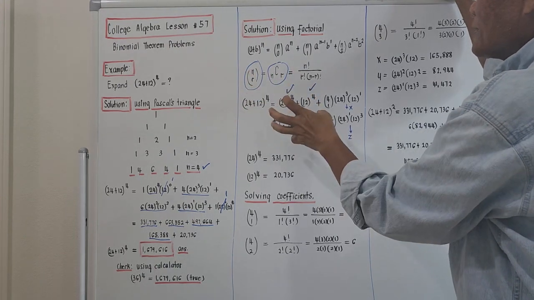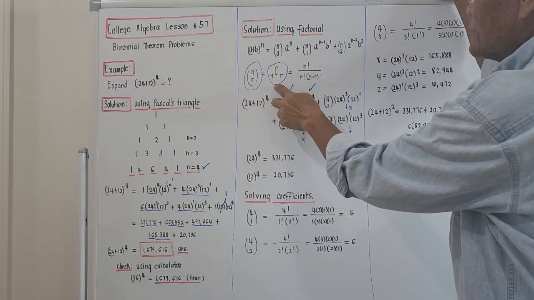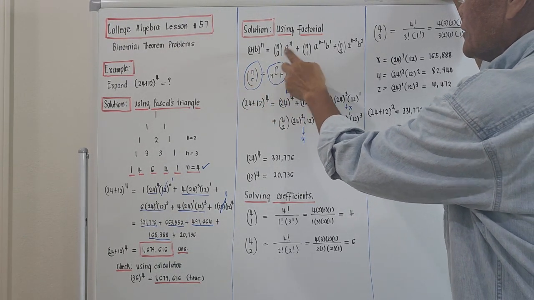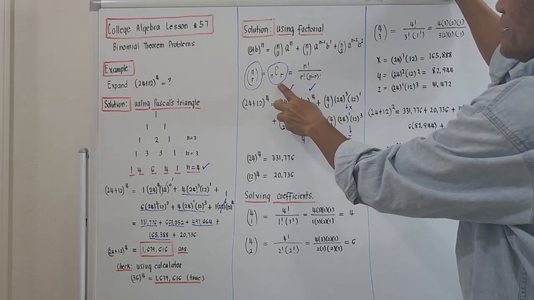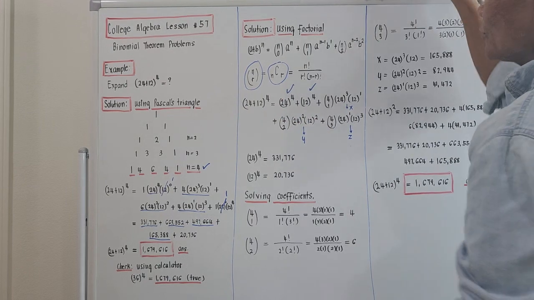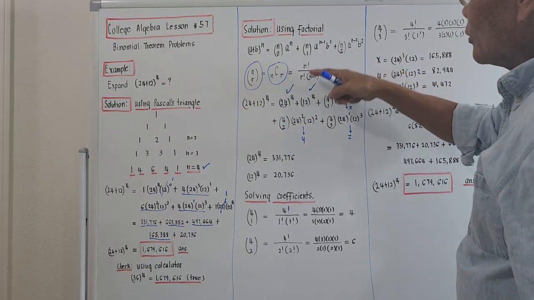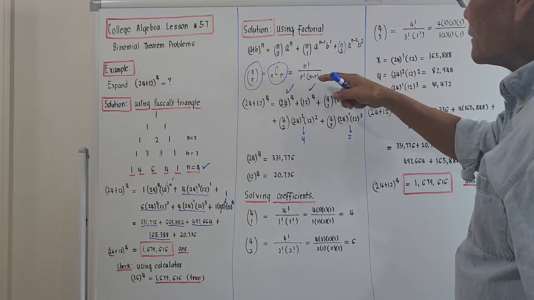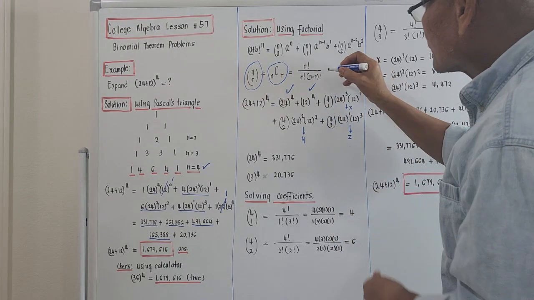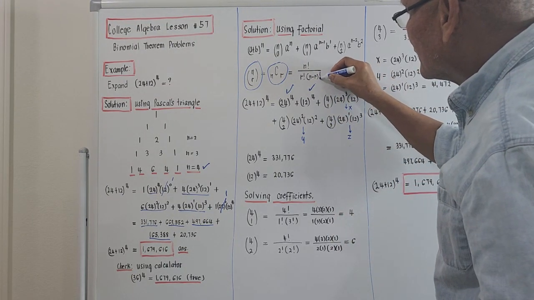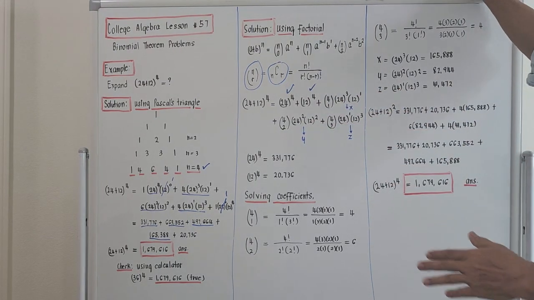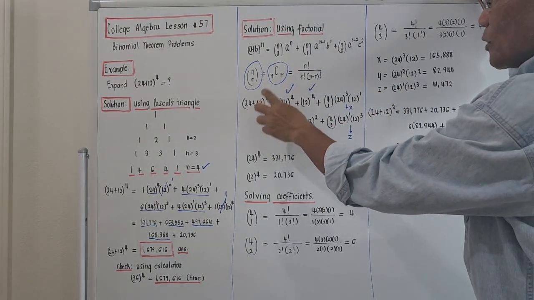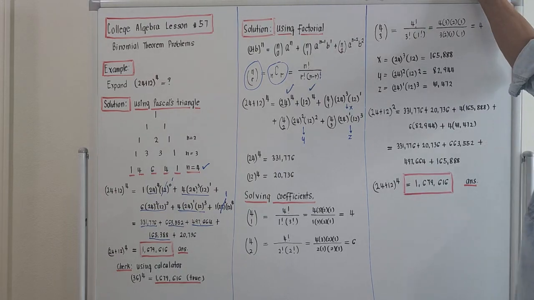The meaning of this is the coefficient of the expansion by using factorial. And the formula for this is n factorial over r factorial times the quantity n minus r, factorial. That's the formula.